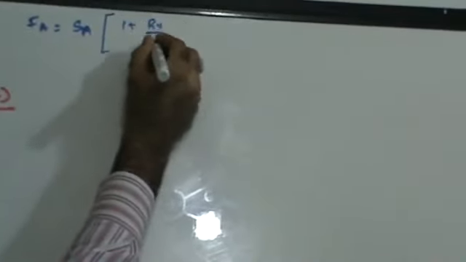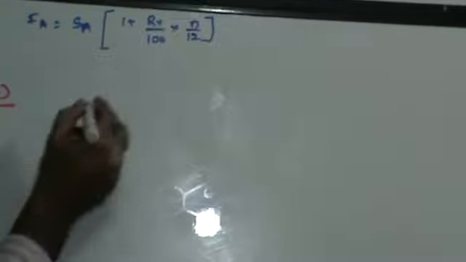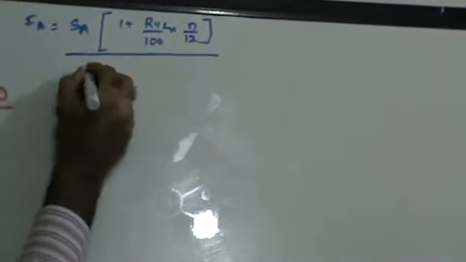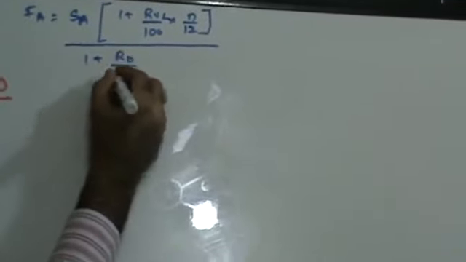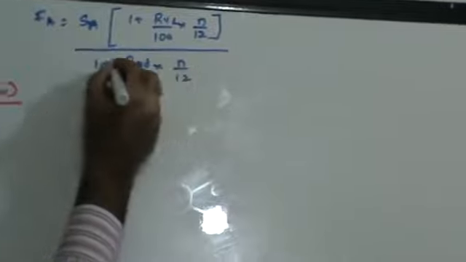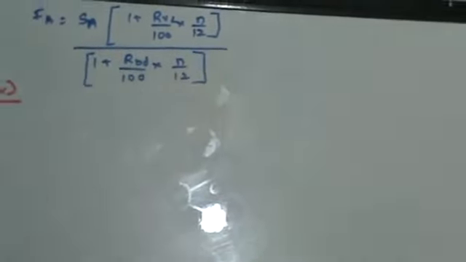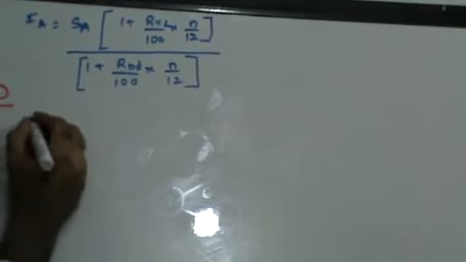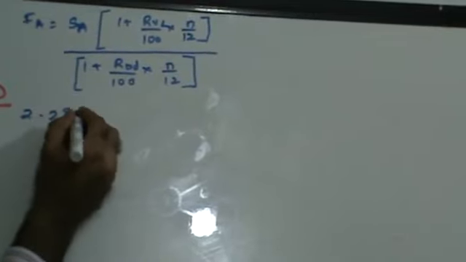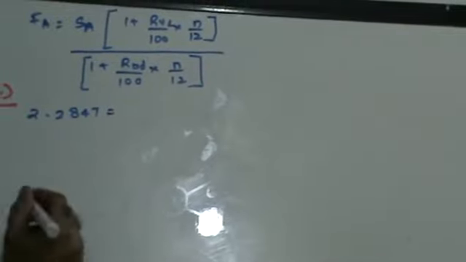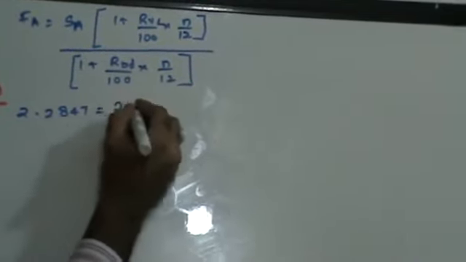Now since I'm doing ask, I'll have to take lending rate in variable currency, and this is upon 1 plus rate of interest in base currency upon 100 into n by 12. I'll have to take deposit rate in base currency. Right? Forward ask is given to you as 2.2847. Spot ask is 2.2960.